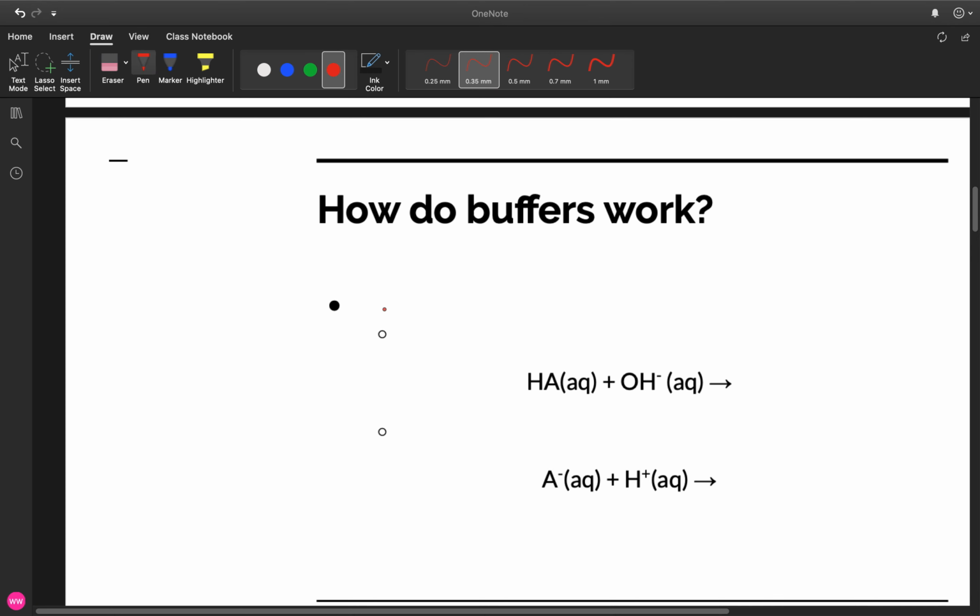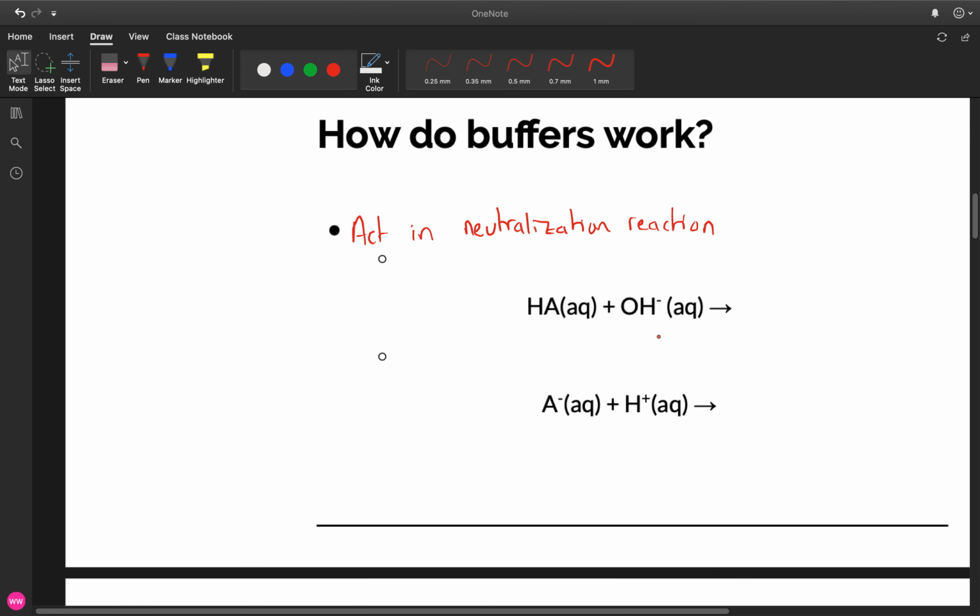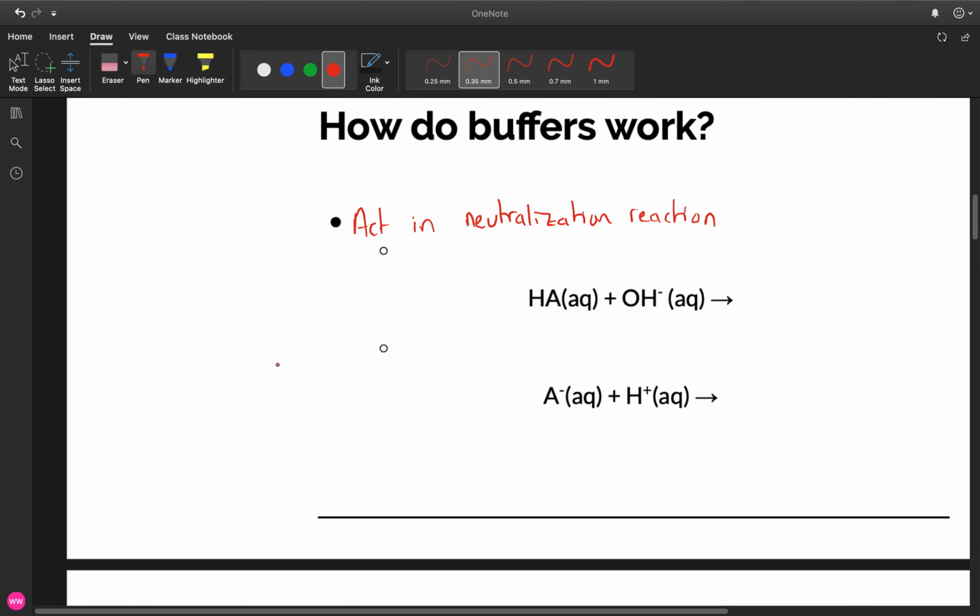So how do buffers work? Basically, they act in acid-base neutralization reactions. Any added acid will react with the existing base, and any added base will react with the existing acid.